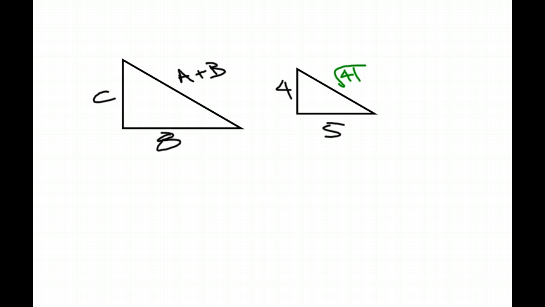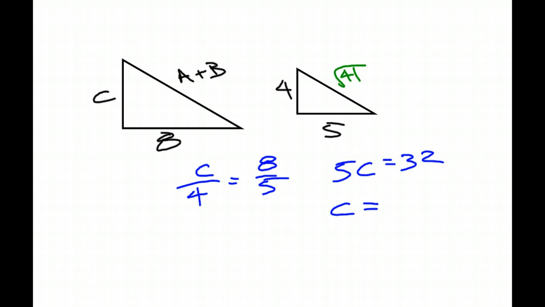Let's find out C next. So let's look at our proportions. C is to 4 as 8 is to 5. Cross multiply. 5C equals 32, so C equals 32 over 5.